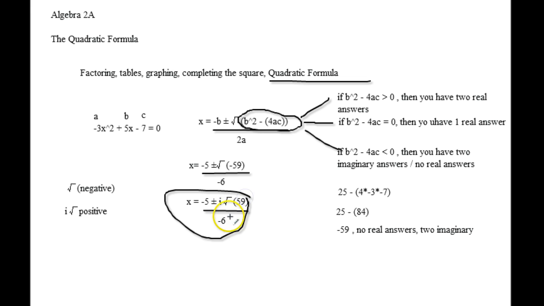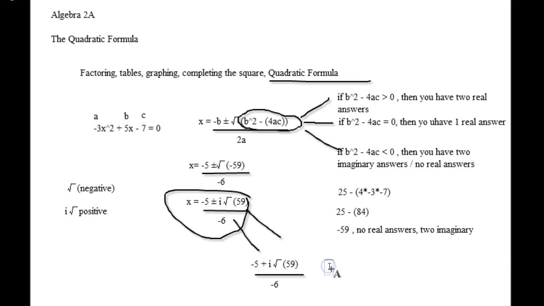Once you have this, this should be one of the answer choices that you could have. Now, you have to understand this represents two different numbers. One is negative 5 plus i square root of 59, all over negative 6.